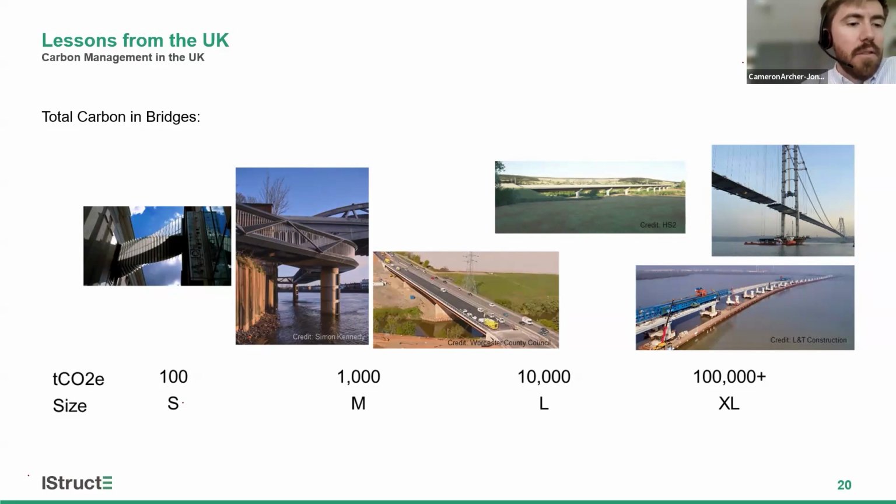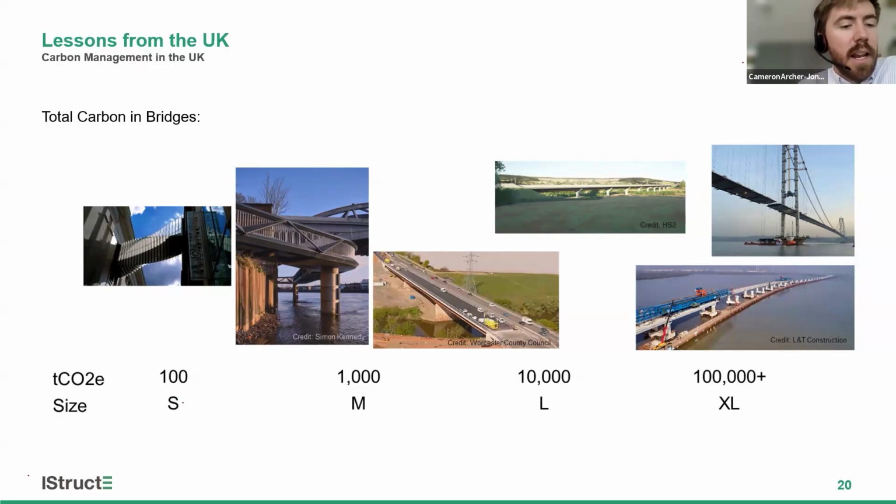Hundreds of tons, you're talking small pedestrian bridges or short span road bridges or highway bridges. Then as you start to get to longer bridges, you have a real step change, and you're going up an order of magnitude with each of these bridges as you move to the right. The bottom right being Mumbai Trans Harbour Link, which is, I think, 33 kilometers across the Bay of Mumbai. The smallest bridge on the left there is only about 12 meters long, spans between two buildings in central London.